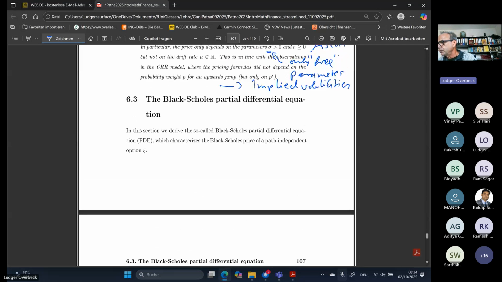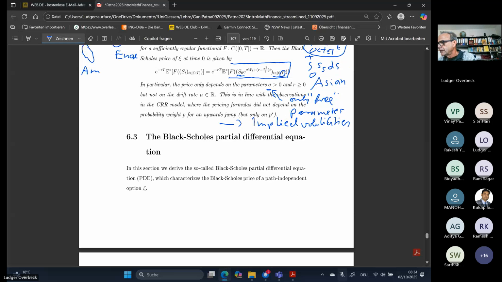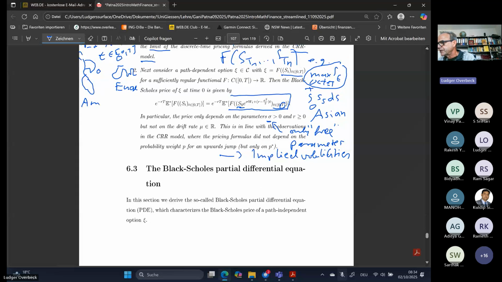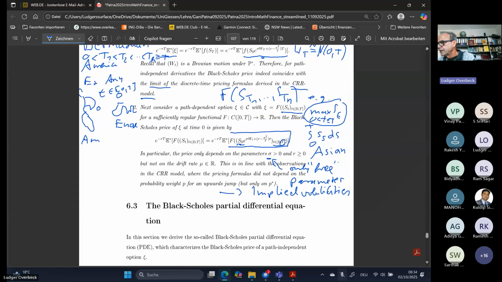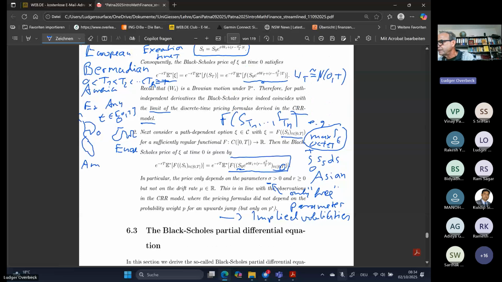Okay. So there are now several ways. What we now want to do is the Black-Scholes partial differential equation. We want to calculate this for some function f.